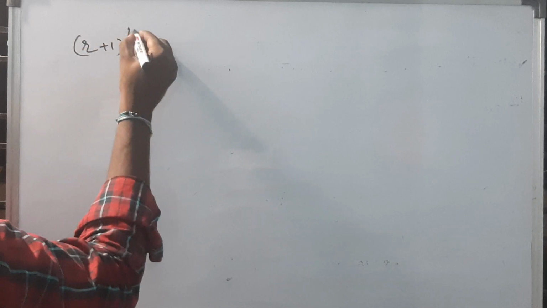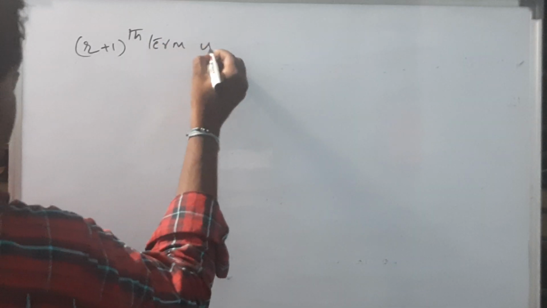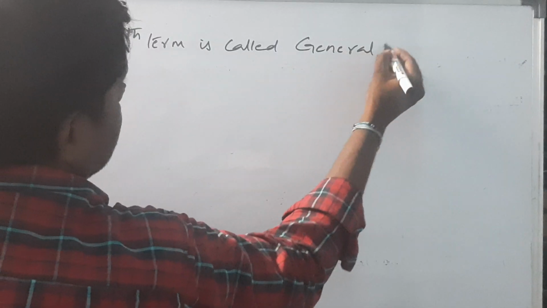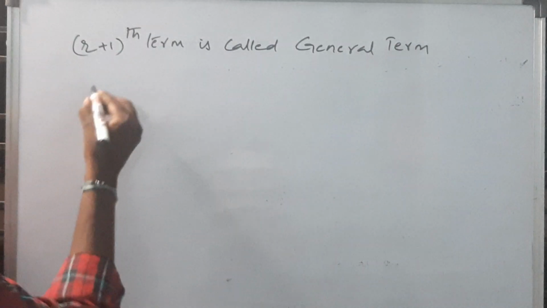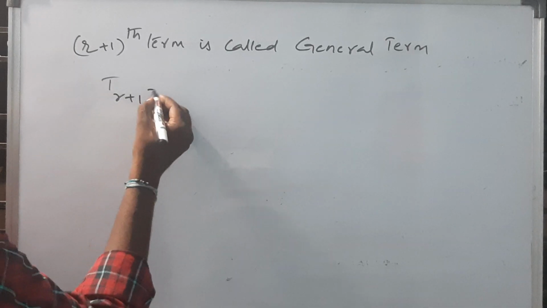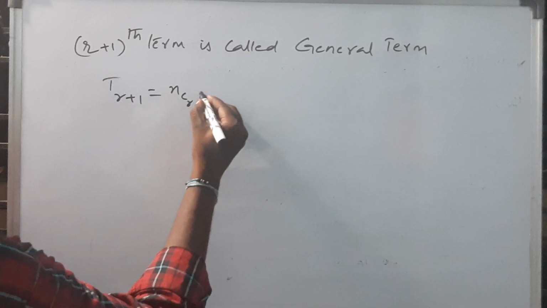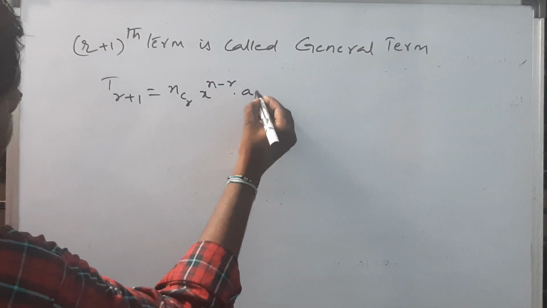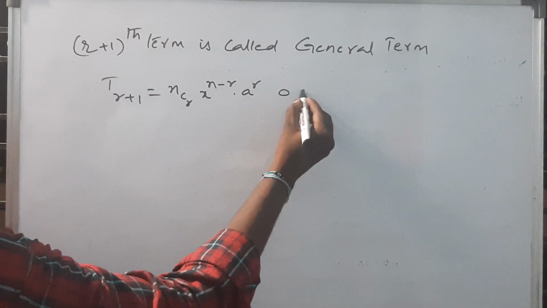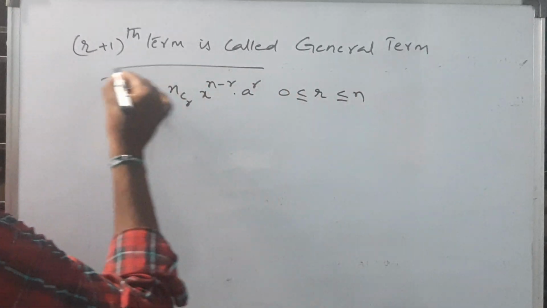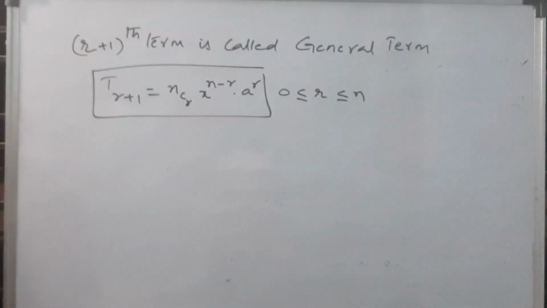The formula for the general term is T(r+1) = nCr x^(n-r) a^r, where r is greater than or equal to 0 and less than or equal to n. This is called the general term in the binomial expansion.